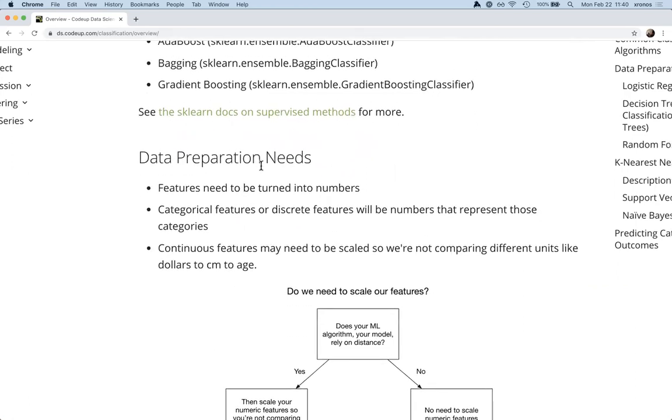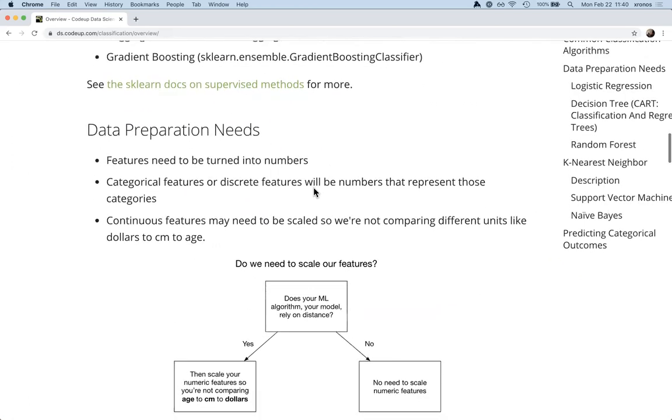So when we start looking at our data, in order to do any kind of ML, especially classification, all of our features need to be turned into numbers. And we'll be going through some specific ways of doing that, because our classification models and algorithms aren't going to be working on things like strings.